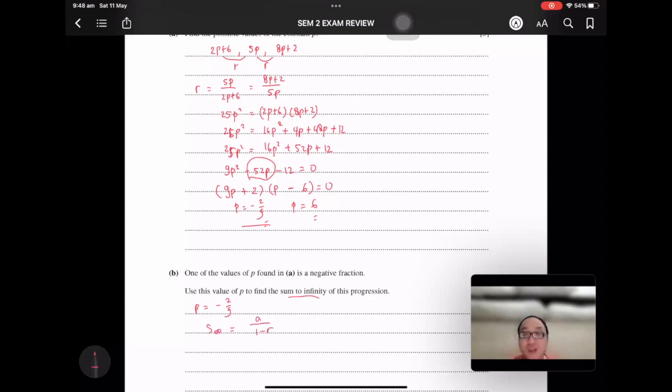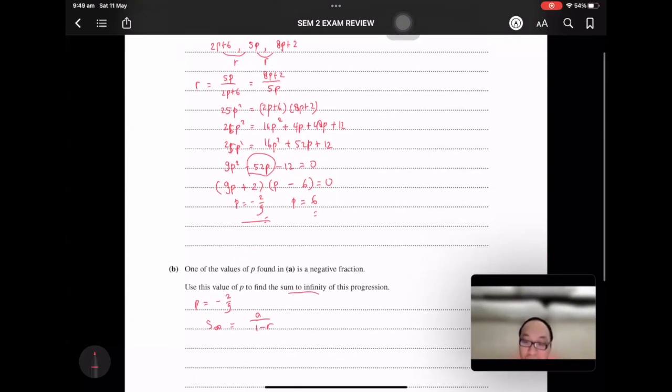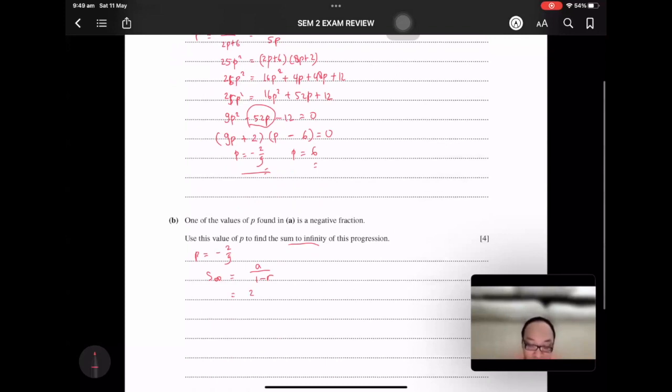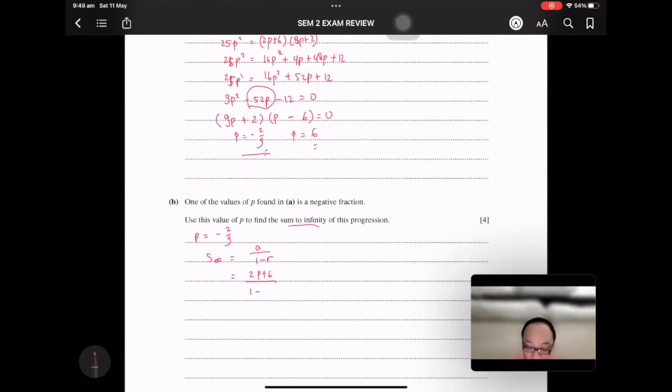So what is a and what is r? A is 2p plus 6. So we can put 2p plus 6 over 1 minus r. What is r? R is 5p over 2p plus 6.